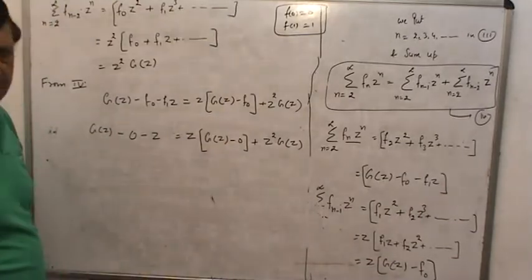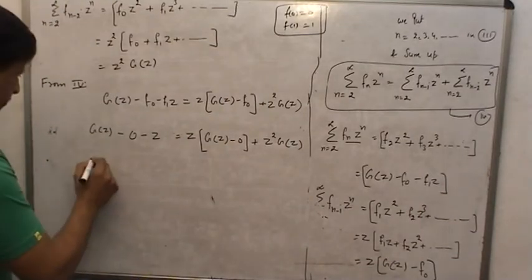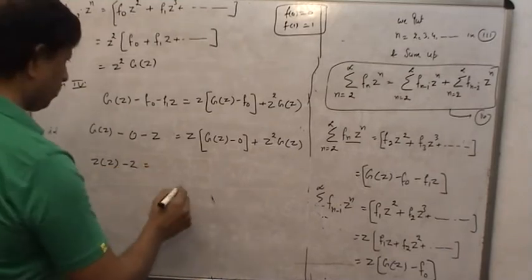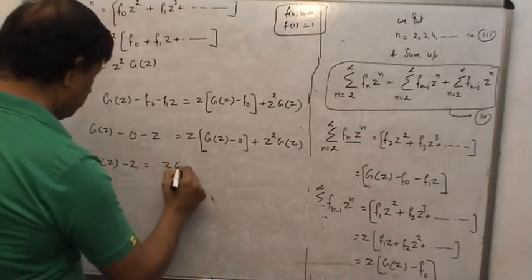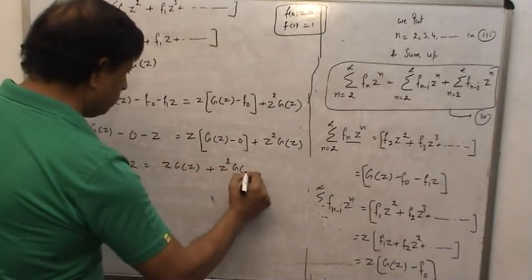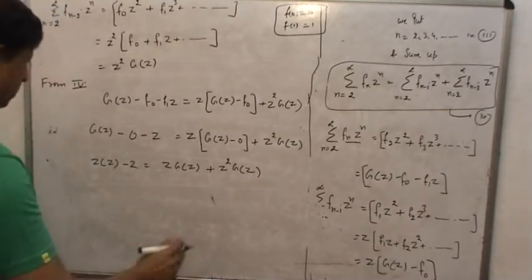Substitute the given initial value conditions. It means we see gz minus z is equal to z gz plus z square into gz.